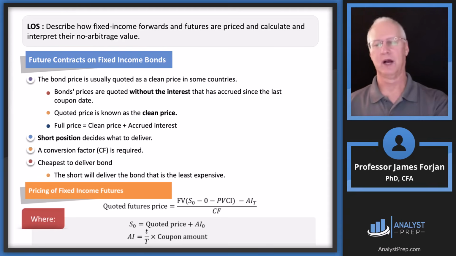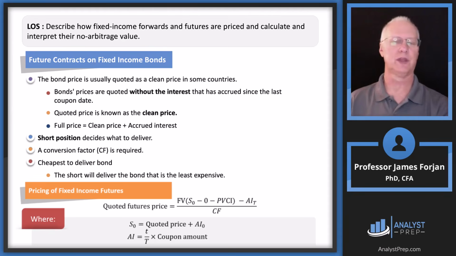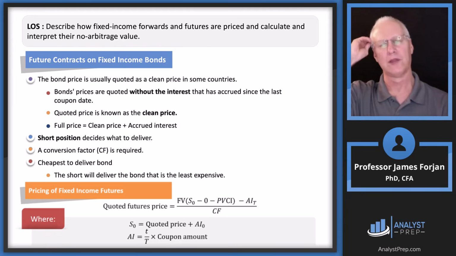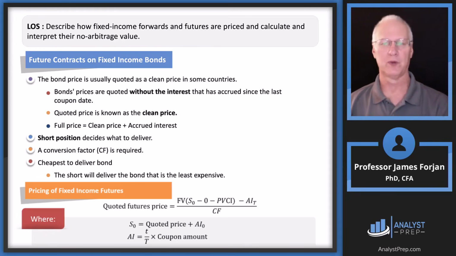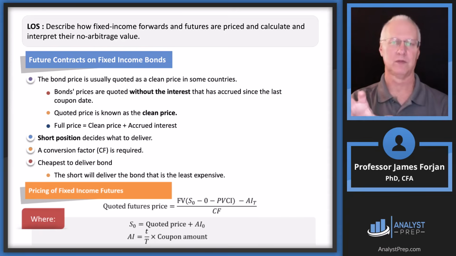Look at the very bottom there. There's our accrued interest. I think we did that back in level 1. And then, of course, with futures contracts on fixed income securities, if you're the short position, you're going to base the value on which particular bond is out there.